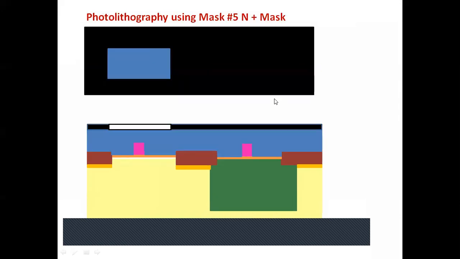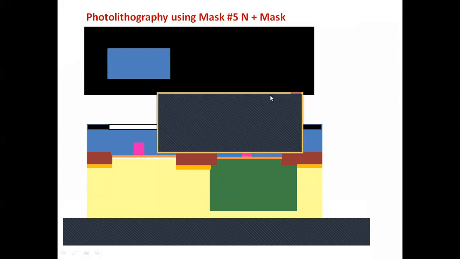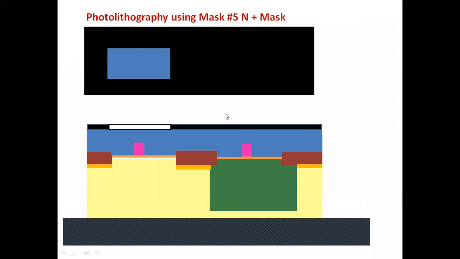After the photolithography process, this is the photoresist, this is the mask, then the exposed photoresist will dissolve in the developing solution. It has changed its color, some change has happened in its chemical composition.